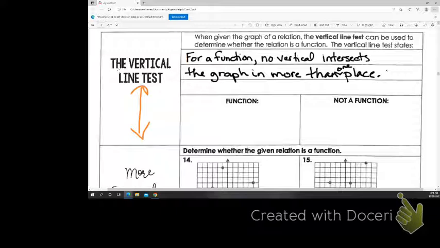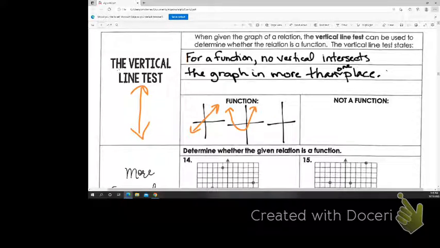So some things that are a function. So here's my coordinate plane. That line, that's a function. Doesn't have to be a straight line though. I could have a parabola. That's a function.